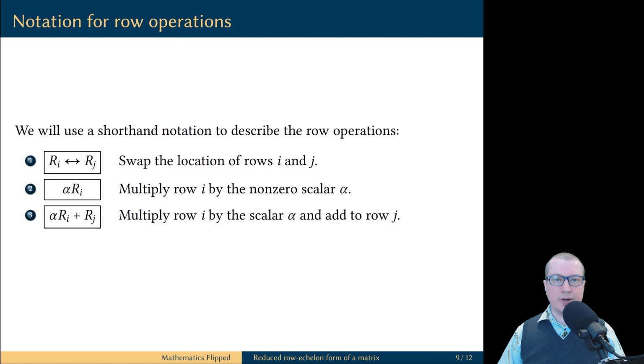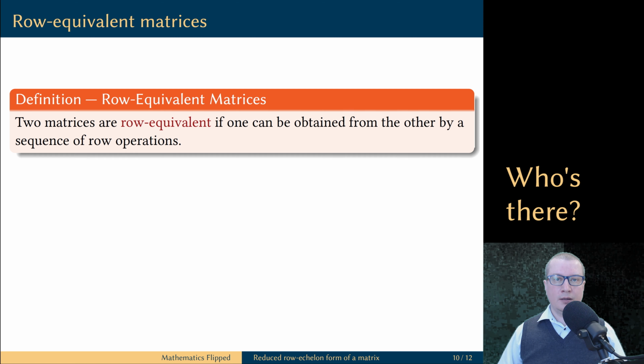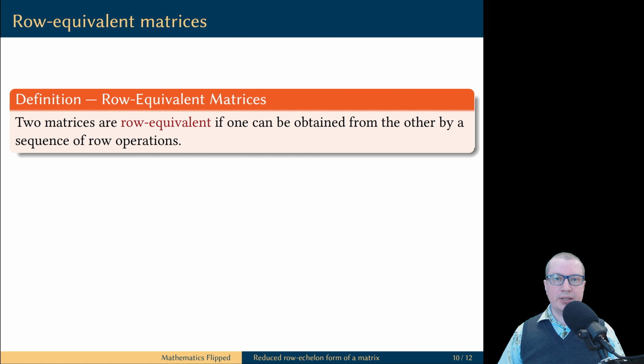To help us keep track of what operations we perform to transform the linear system, we will set the following shorthand notation for the three types of row operations. We are going to say that two matrices are row equivalent if one can be obtained from another by a sequence of row operations.